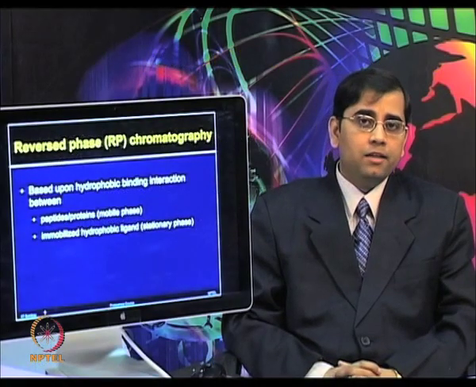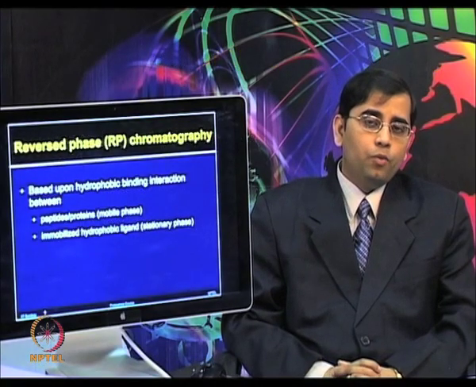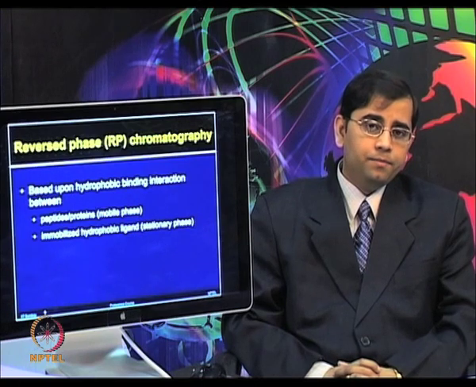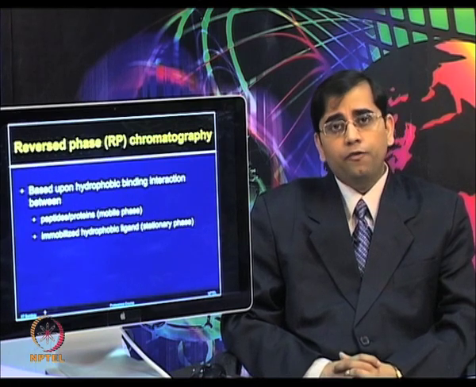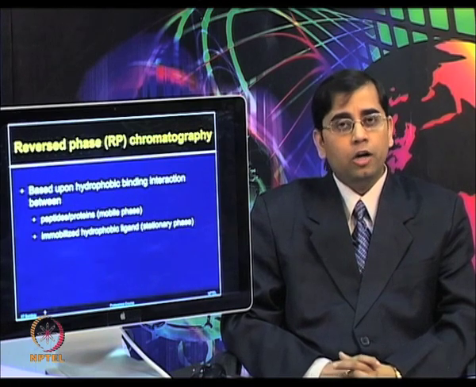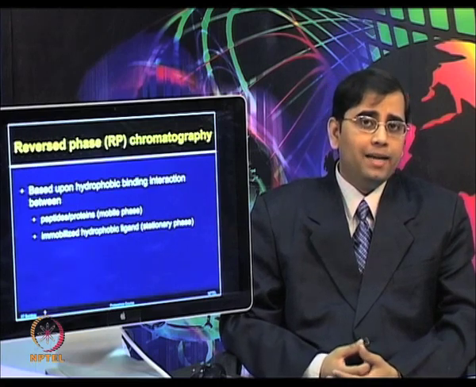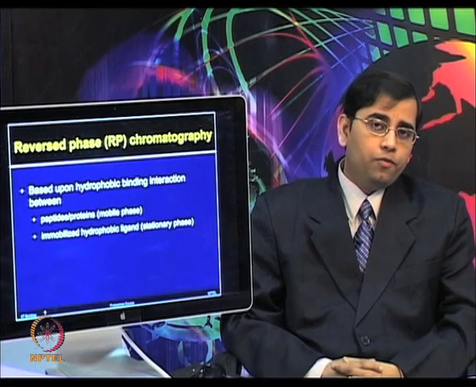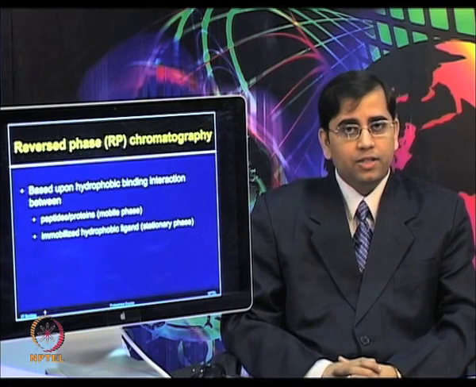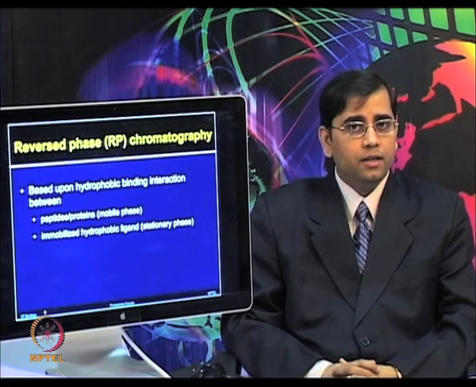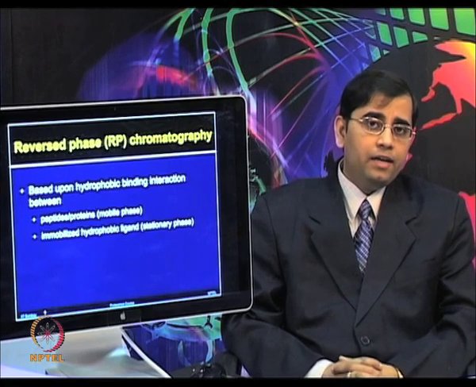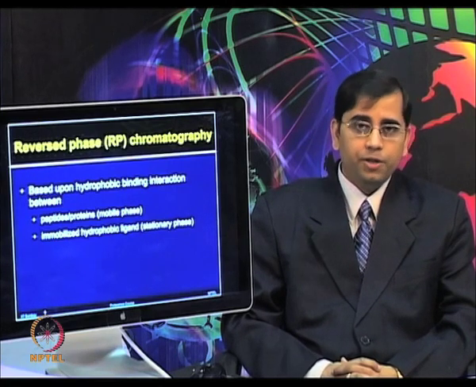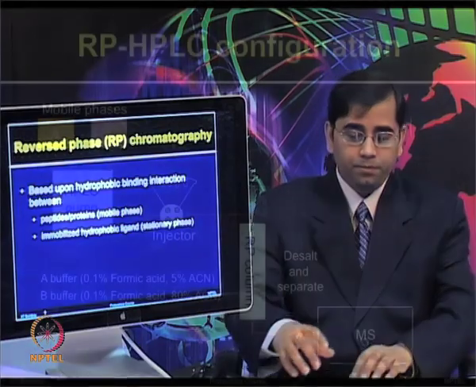By utilizing this hydrophobicity, one can separate the peptides. However, if your proteome mixture or peptides are very complex, then one can further use another type of chromatography method, such as strong cation exchange, and different types of multi-dimensional separation can be employed.